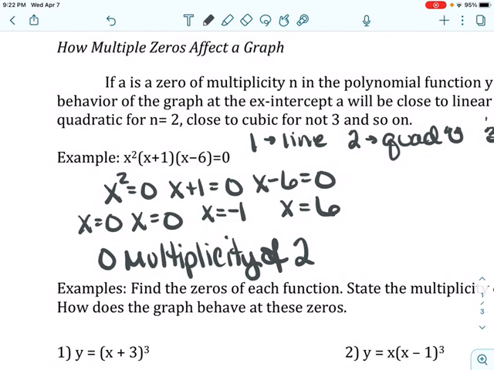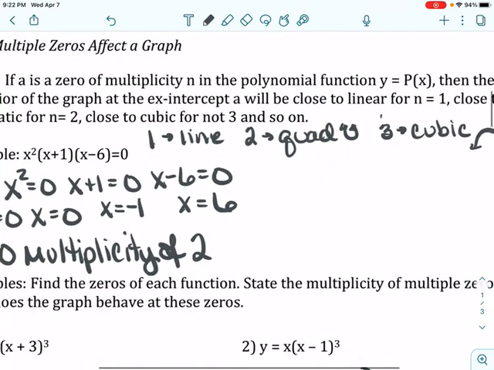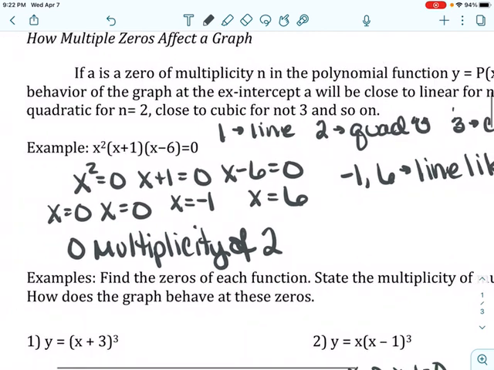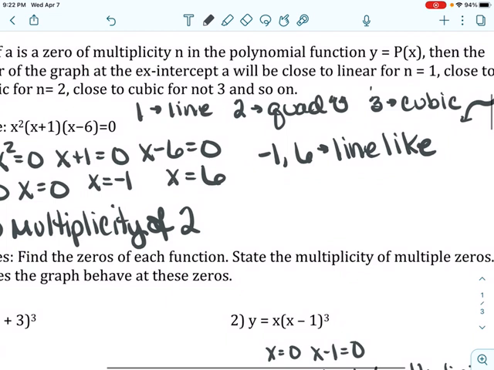Now we don't usually write multiplicity of 1 because they occur once. So -1 and 6, those are going to be where it crosses the x-axis at that point. These are going to be line-like. Now I'm going to graph it and show you what I mean by line-like. And because 0 occurs twice, it's going to be quadratic-like.